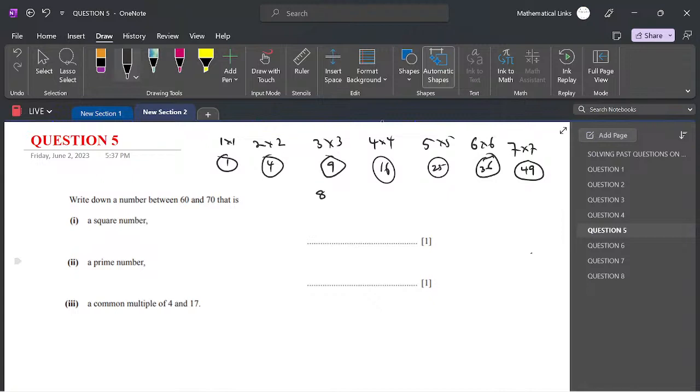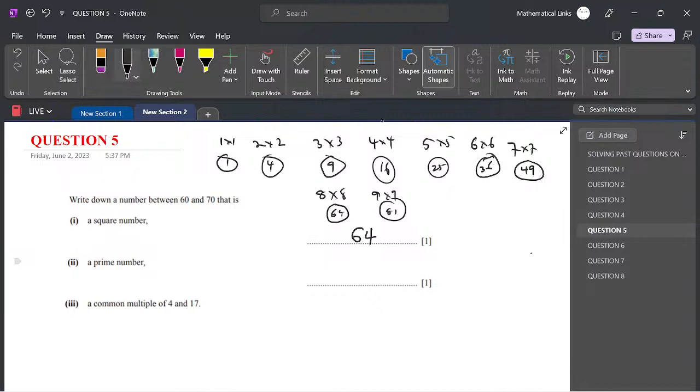You have 8 by 8, that will be 64. 64 is a square number. So you can see 64 is the first square number between 60 and 70. So the next one will be 9 times 9, that will be 81. Okay, which is out of this boundary. So our correct option here is 64.